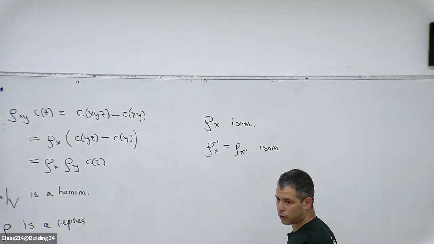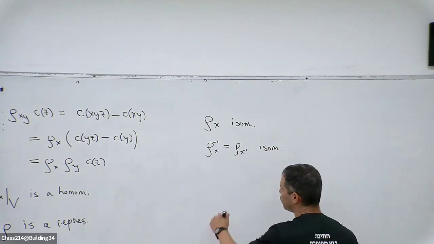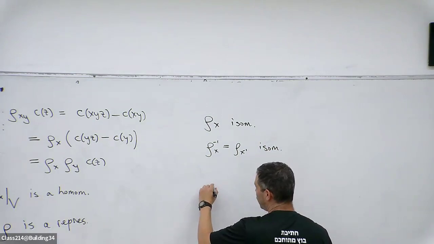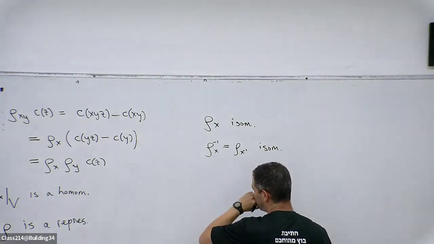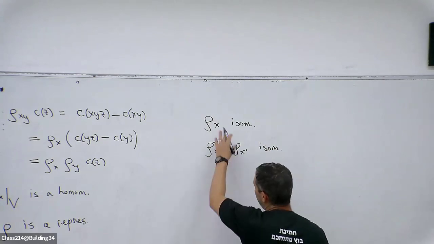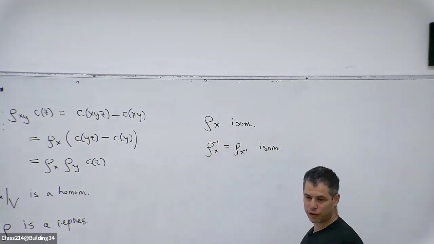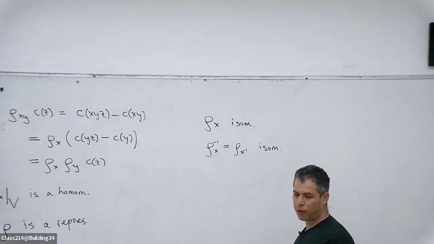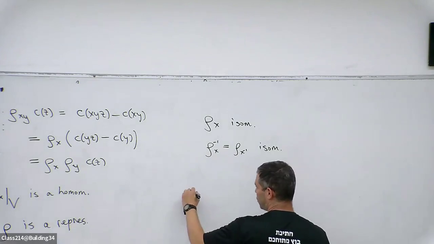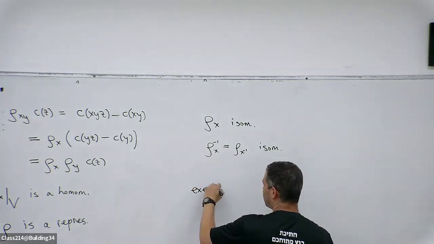So there was an exercise where I told you, I don't remember which side it was, to prove that if you have a map and its inverse are both isometries, then it's unitary. So this is an exercise to complete.